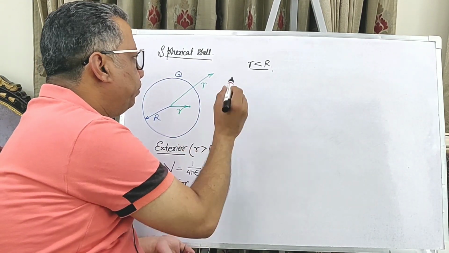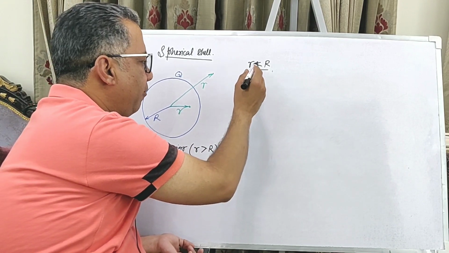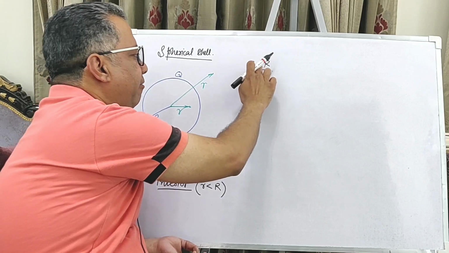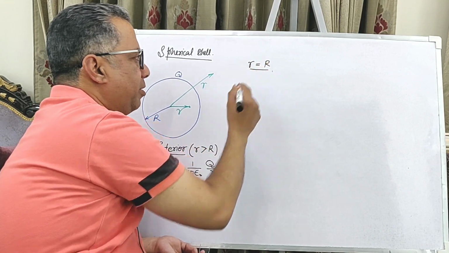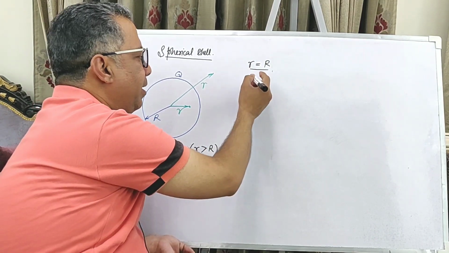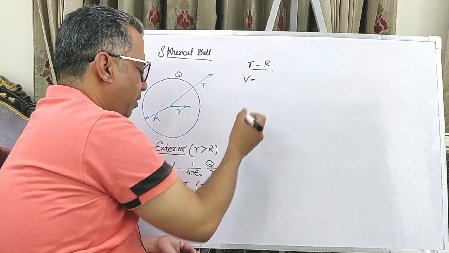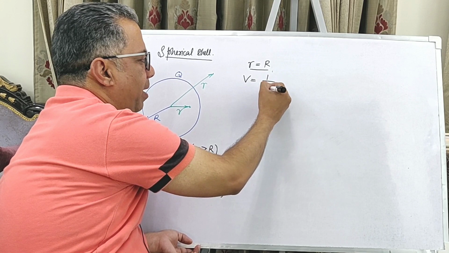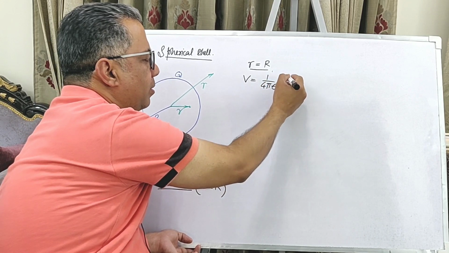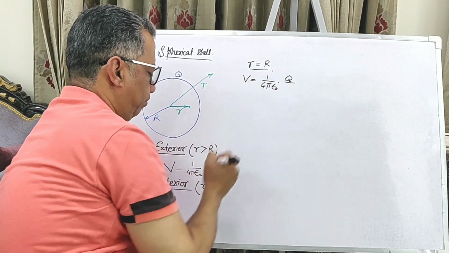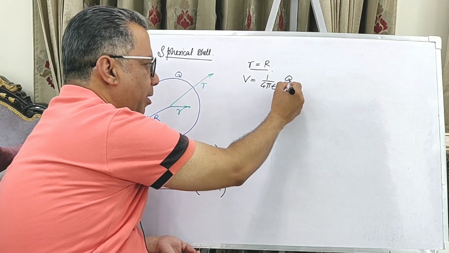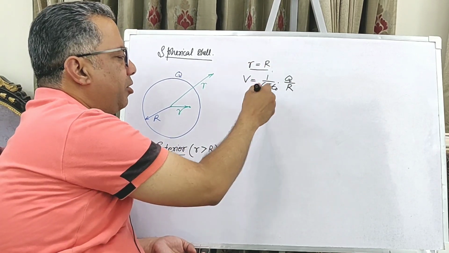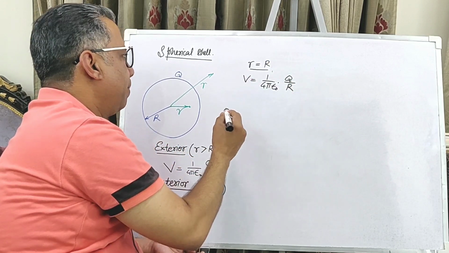Now what we can do is break this up into a couple of steps. We can first take up the potential just outside the surface, and using the same result, it will be 1 by 4 pi epsilon naught Q by capital R. Correct. So that's the potential just outside the surface.